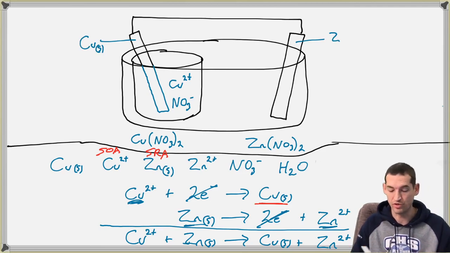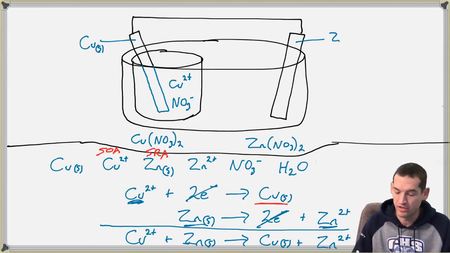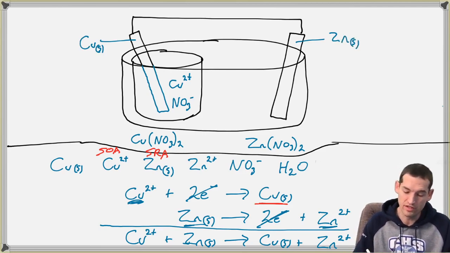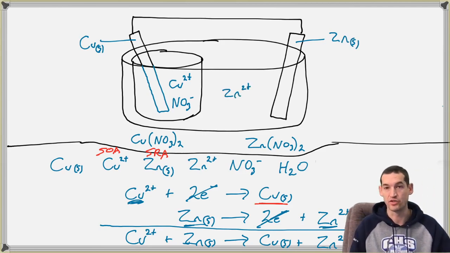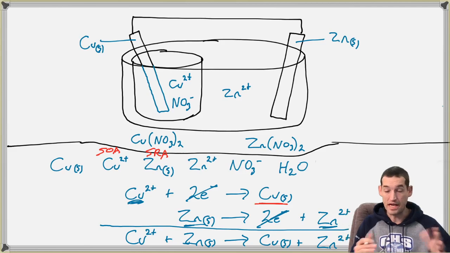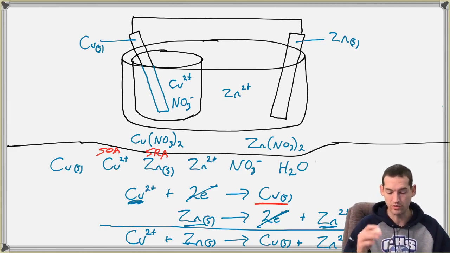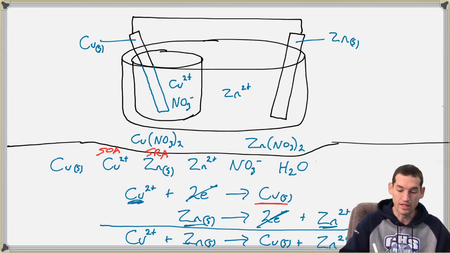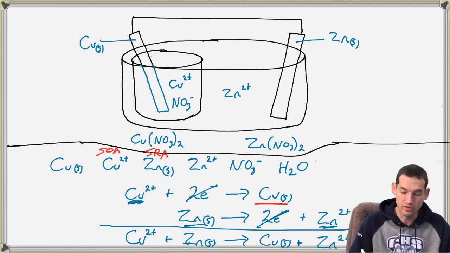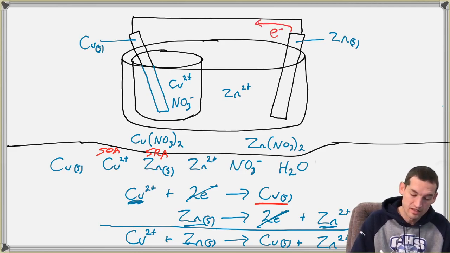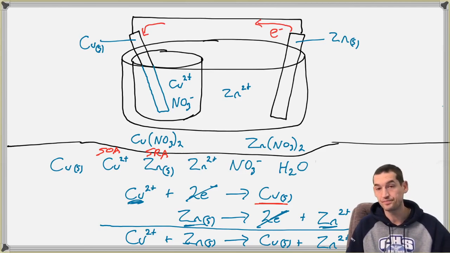Outside of the porous cup, just out in the beaker, would be zinc solid, and then the zinc 2 positive electrolyte in the solution. So the reaction stays exactly the same. Everything that we've got at the bottom, copper 2 is still wanting to gain those electrons from zinc, so my electrons are still going to flow from this side to that side.